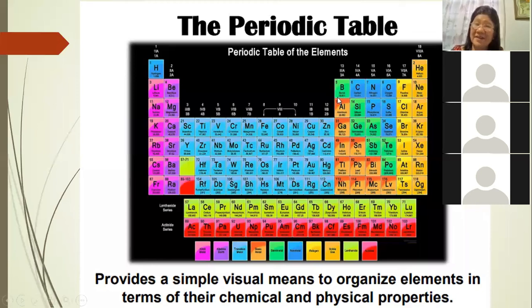Okay. For instance, this one here, that is classified as carbon, which is classified as non-metal. The rest of this here on the right side are elements in a form of metal.